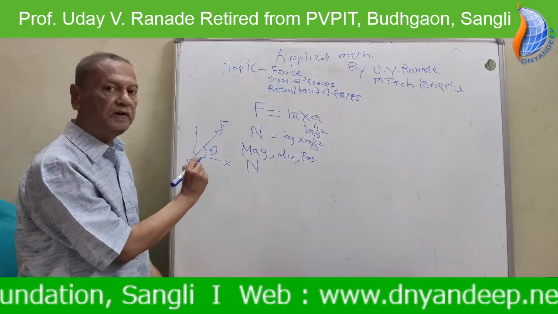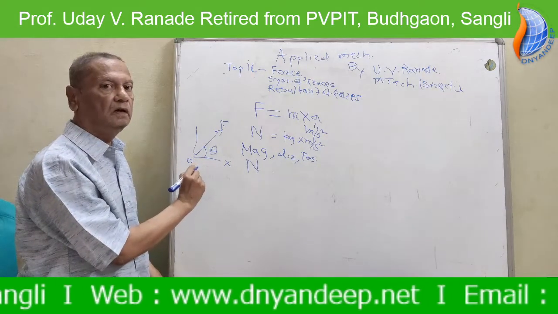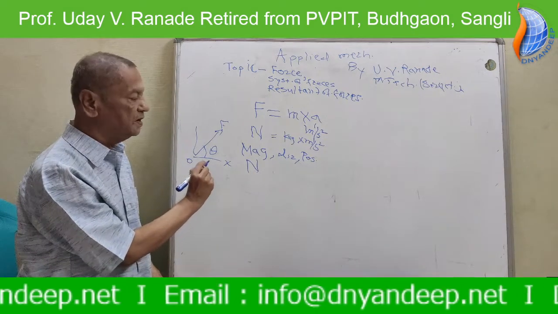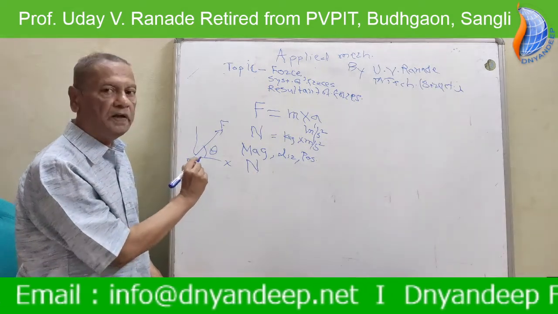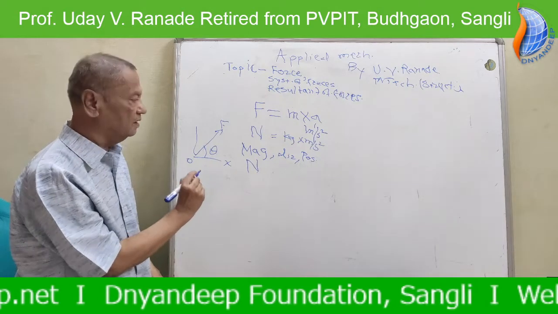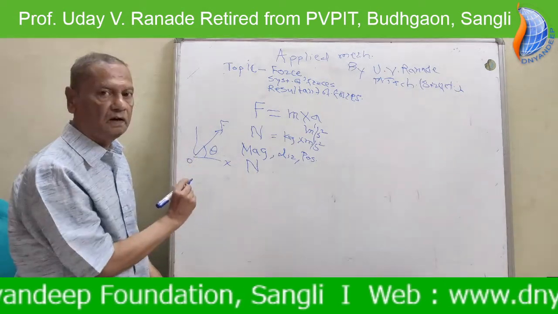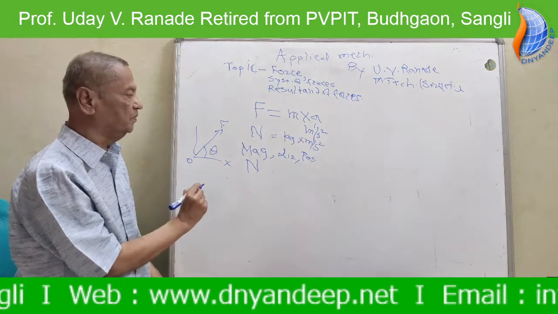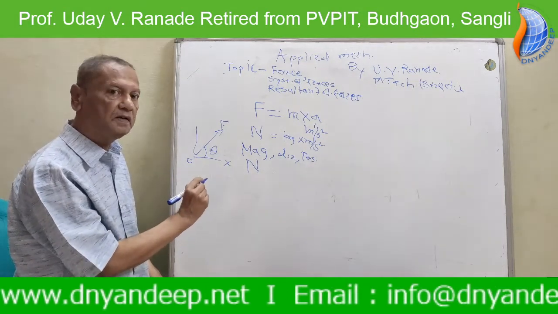Actually, these quantities will be given in examples. For example, magnitude. We have said Newton, but 10 Newton, 5 Newton, 7 Newton, like that. Direction, theta. Theta means 20 degrees, 30 degrees, and so on. This is for example or understanding.